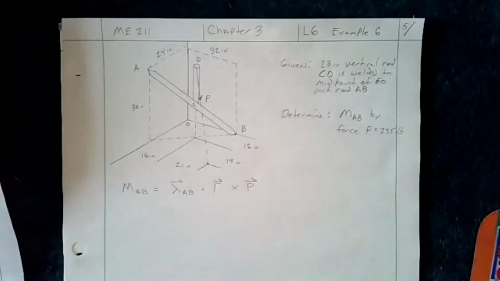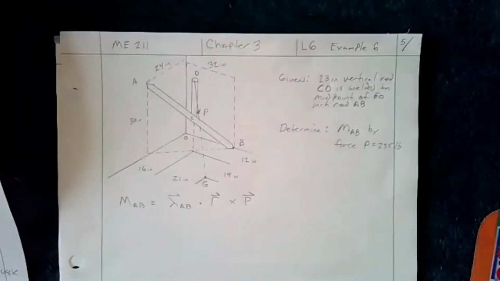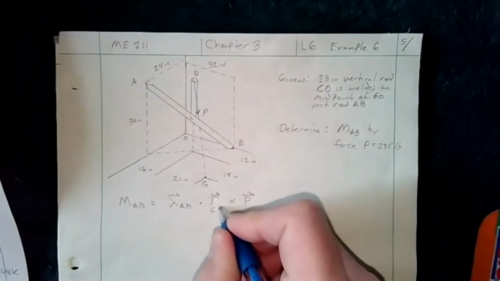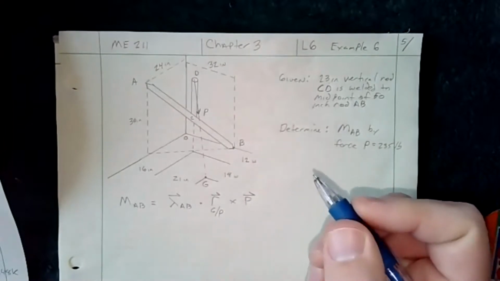You can pick any point on there that is convenient. I chose G right here as mine. I found that this particular location worked well. So I'm going to say R is G relative to P.